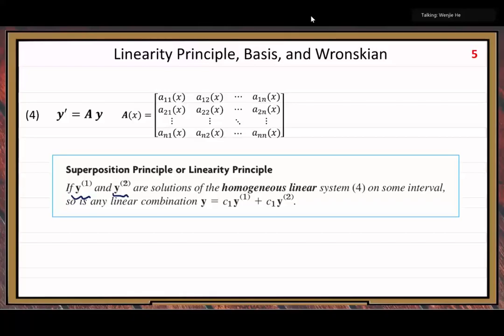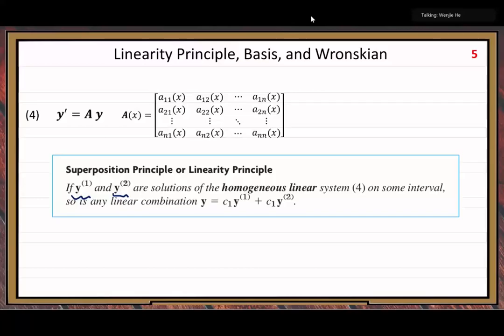When we move to this topic, we should use our notation very carefully. Here we cannot use subscripts, because we already use the subscripts in y1, y2. If you still use y1, you get confused.